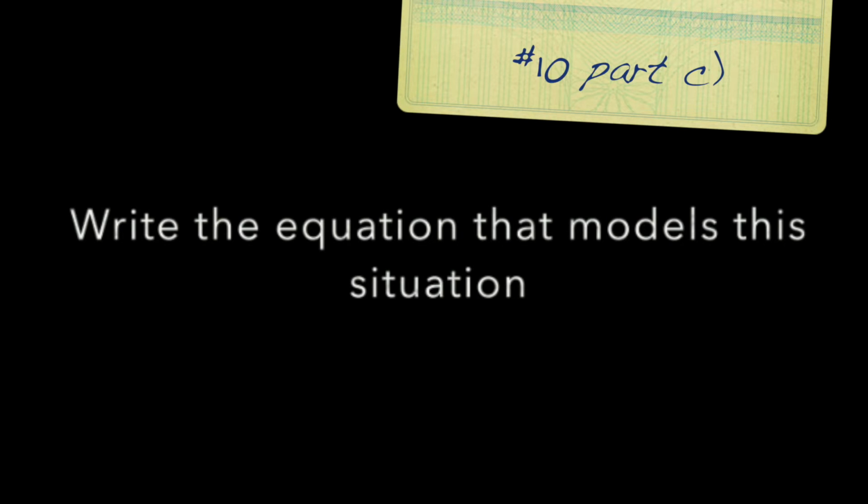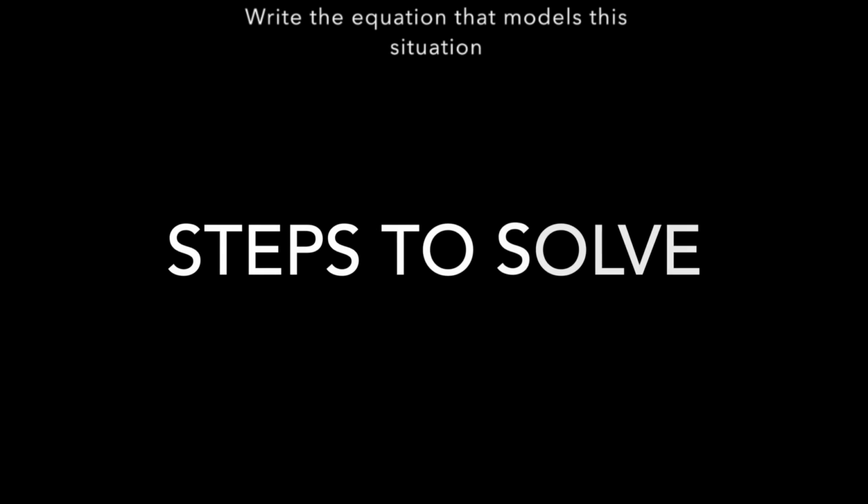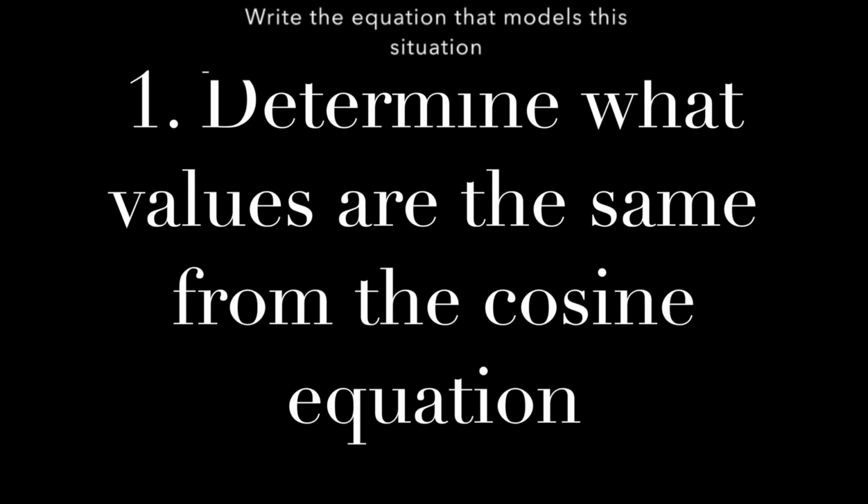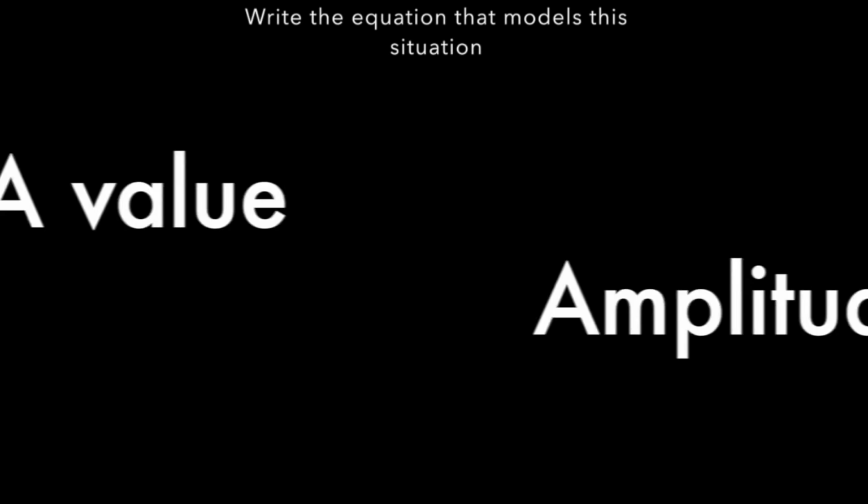Question C states, write an equation that models this situation. The steps taken to solve this problem start off with determining what values are the same from the cosine equation. So you have your a value, your k value. Your main equation is d of t equals plus or minus a, cos or sine, bracket b bracket x minus h, bracket bracket, plus k.